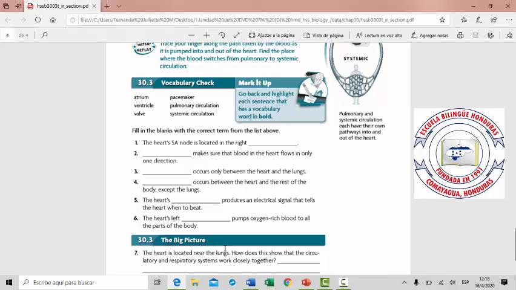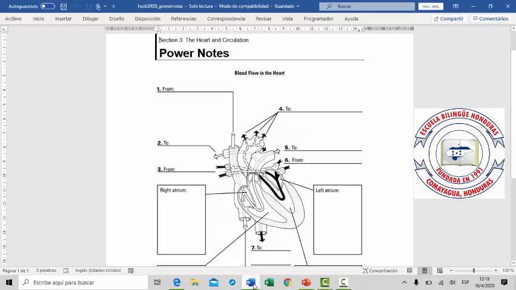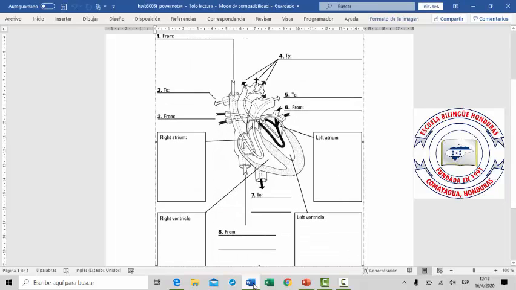I will send you this file, and I will show you the other activity, the PowerPoint in the same heart and circulation. You have to complete the 2 activities, guys, and send them all to me by April 24. That means Friday, April 24 before 10 o'clock.